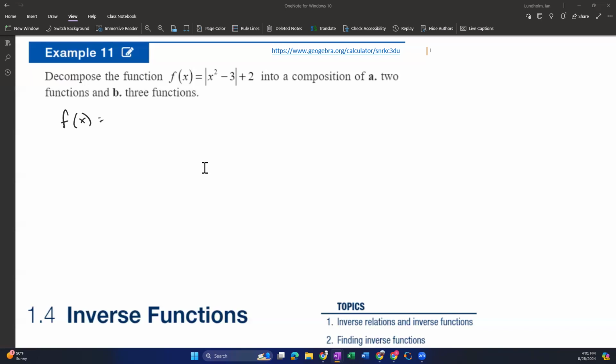There will be a -3. There's an absolute value, and there's a +2. So I'm going to contend that f of x is the composition of 4 functions.